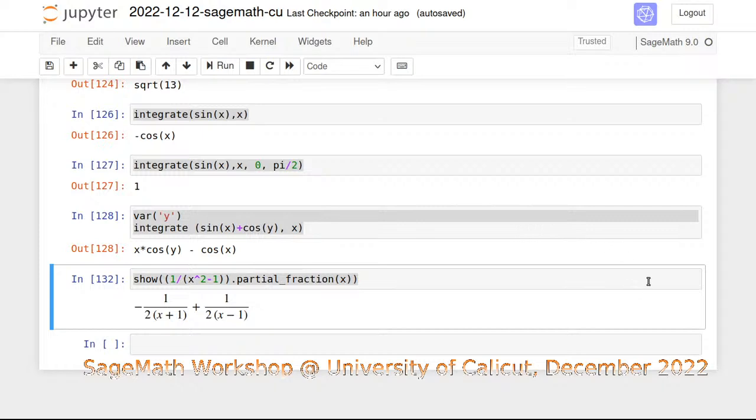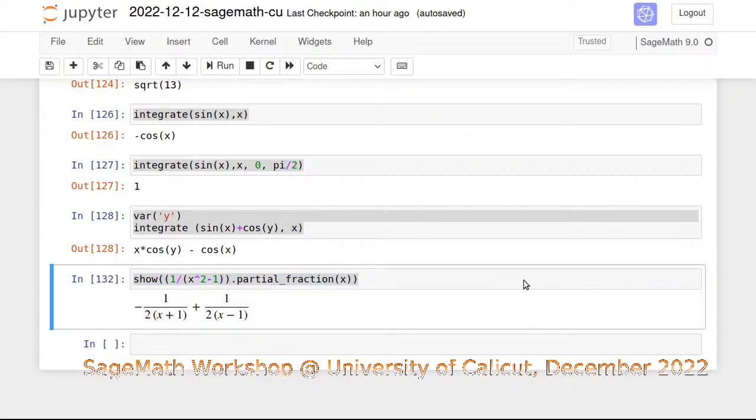Hello, excuse me, sir. Yes, please. What about directional derivatives? How do we write the program for defining directional derivatives if we want? I think we have one session dedicated to vector calculus, right?